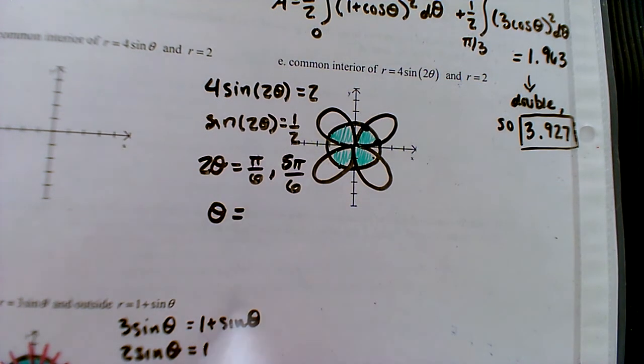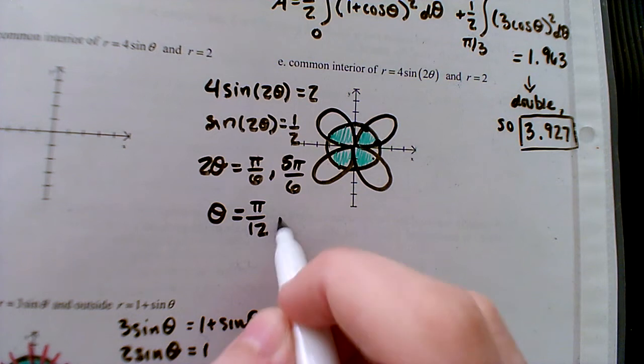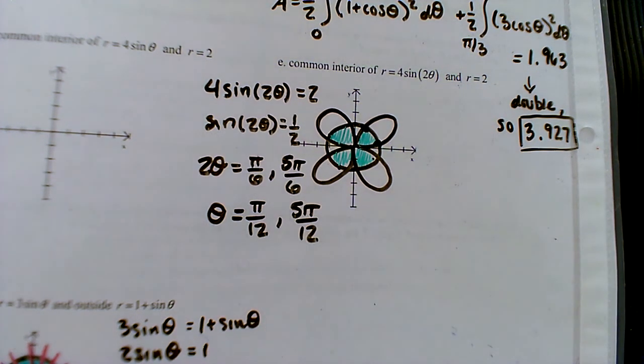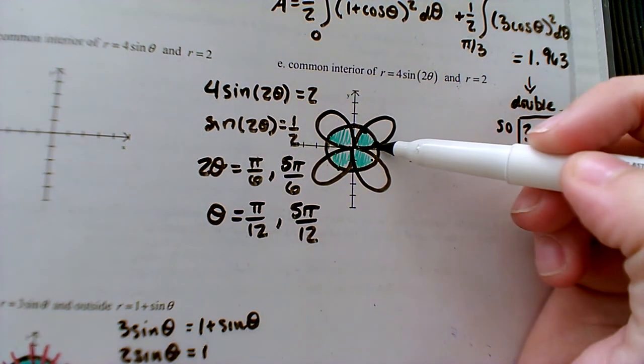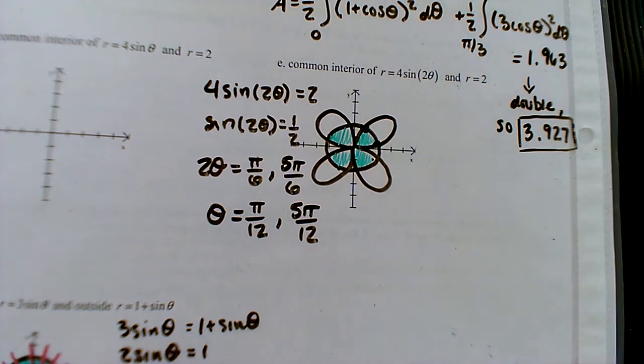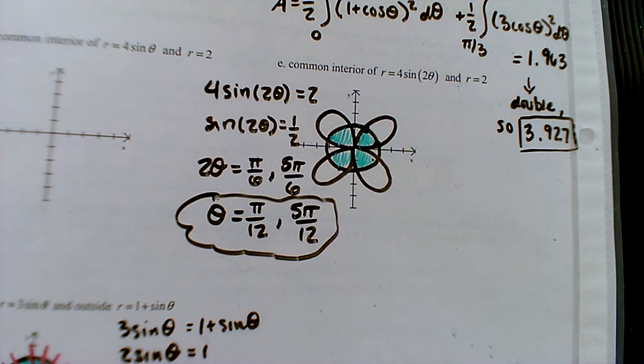So we'll divide both of those by 2. We'll get pi over 12 and 5 pi over 12. All right, so the first intersection point is pi over 12, and the next one is 5 pi over 12.